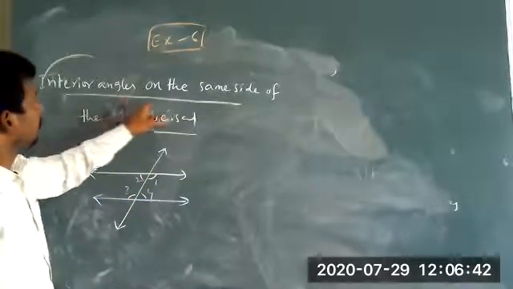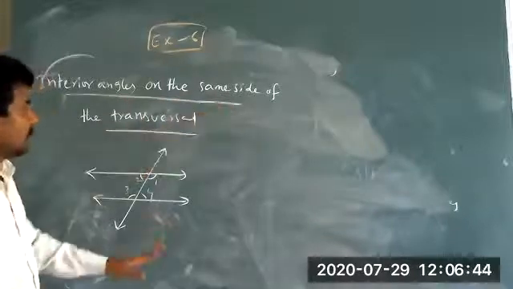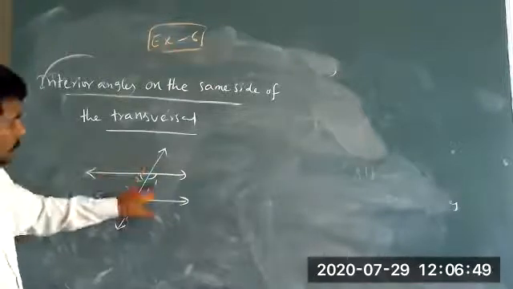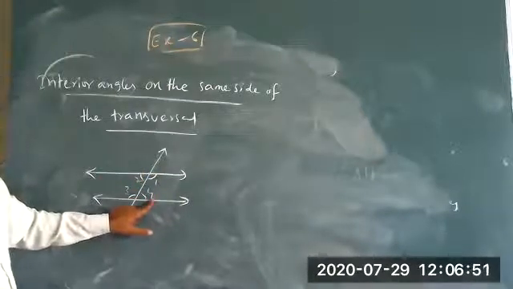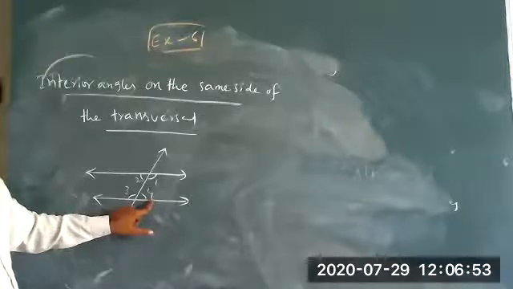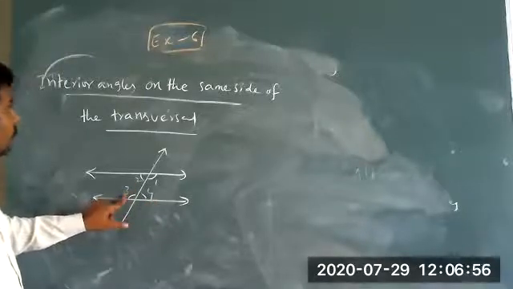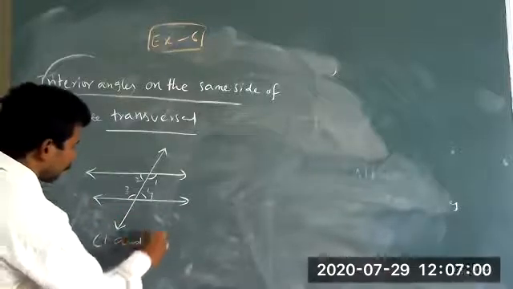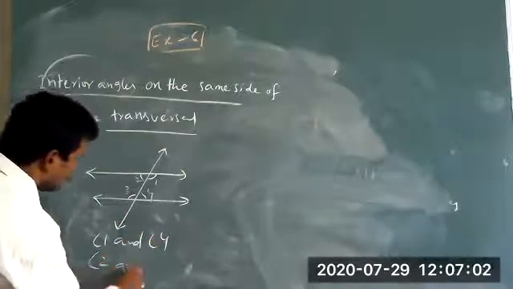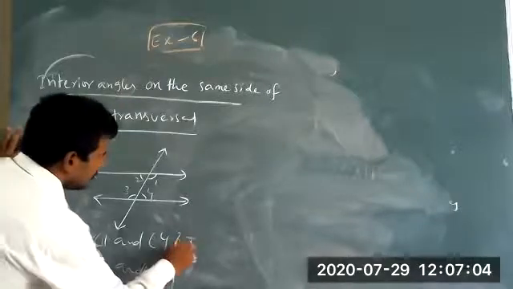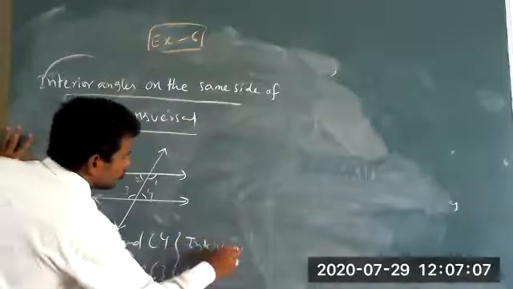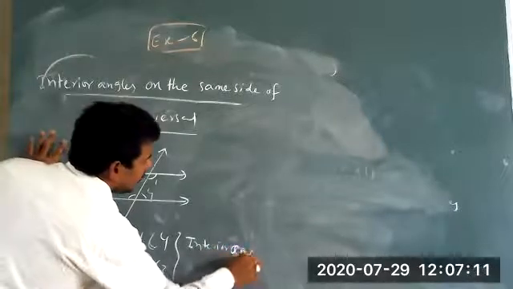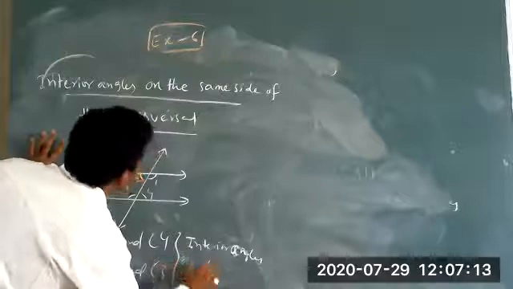Same side means this side. Angle 1 and angle 4 are interior angles on the same side, and angle 2 and angle 3 are interior angles on the same side.